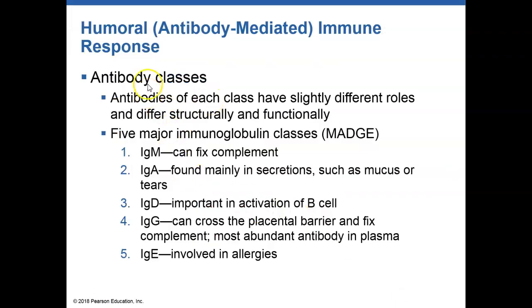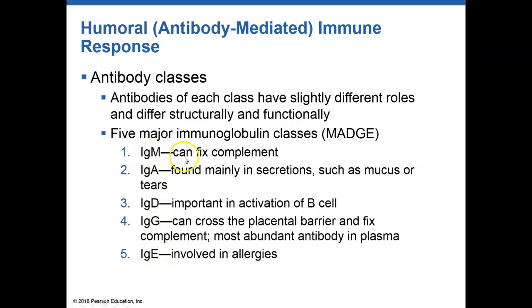So let's look at the 5 different types of antibodies before I talk about what you should be able to answer on the study guide. There are 5 major immunoglobulin classes, and you can remember them by the word MAG: IgM, IgA, IgD, IgG, and IgE.